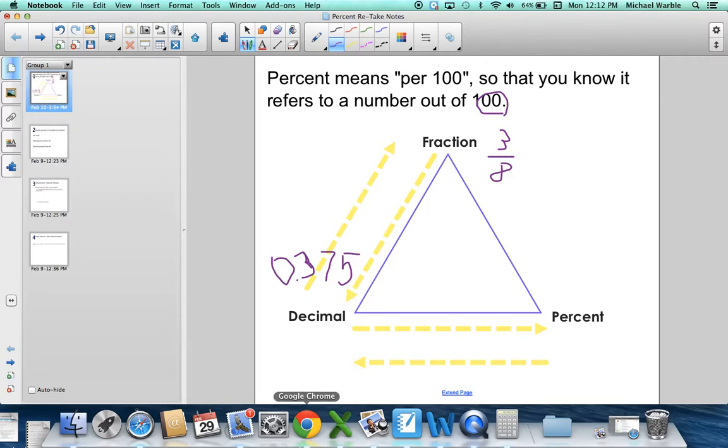So we're going to take our decimal, 0.375, and we're going to multiply that by 100. Okay, and 0.375 times 100, and you're going to end up with 37.5%.